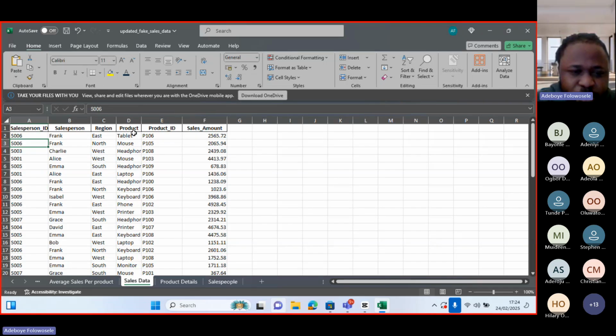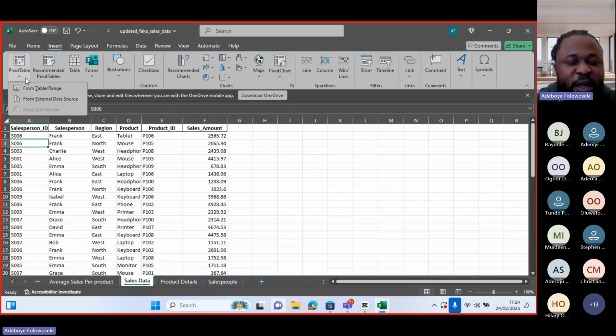What other thing could we possibly look at? Okay, we could look at how many times the salesperson sold the product. Like, how many times did they sell a product? So we could take a look at that. How many times do they attend to customers?